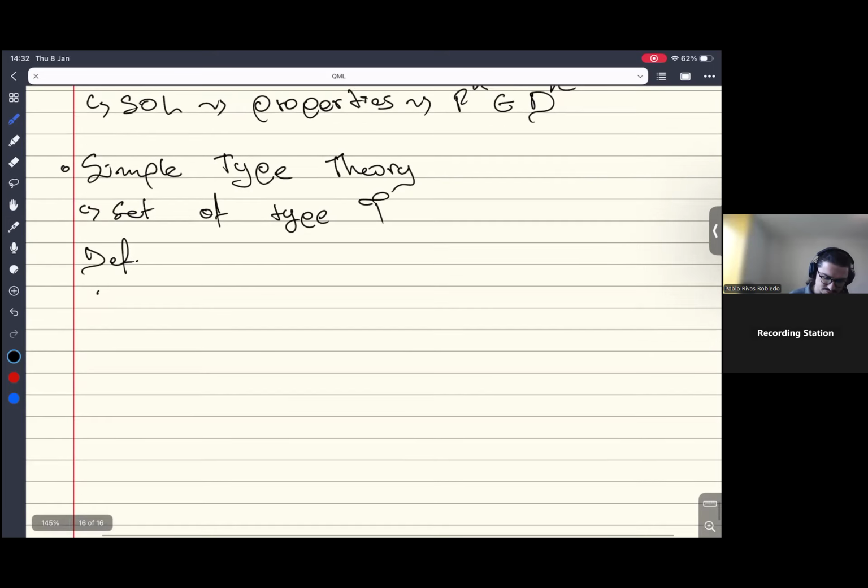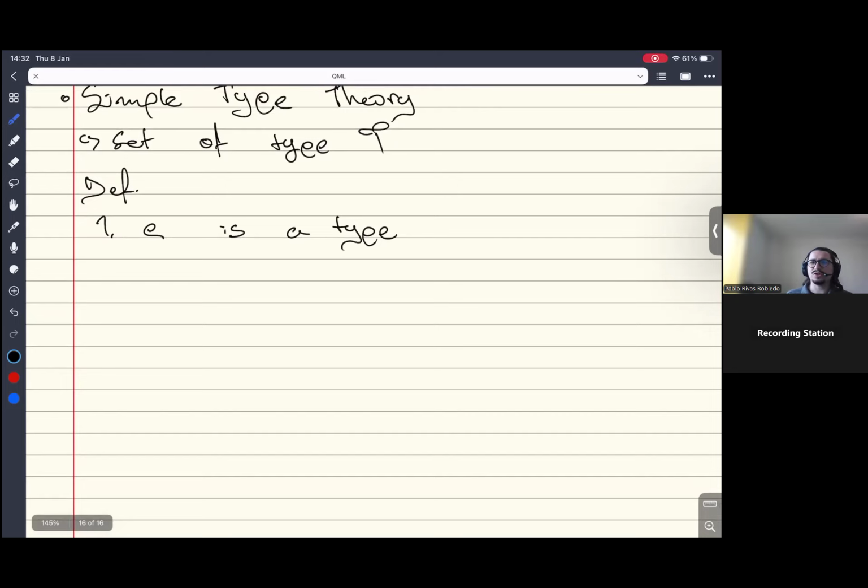The first thing is that e is a type, which is going to represent our type of entities or individuals. Now we're going to have another type, lowercase t, which is going to represent the type of truth values. Magnus, you're here twice. Great. Oh, no, just once.